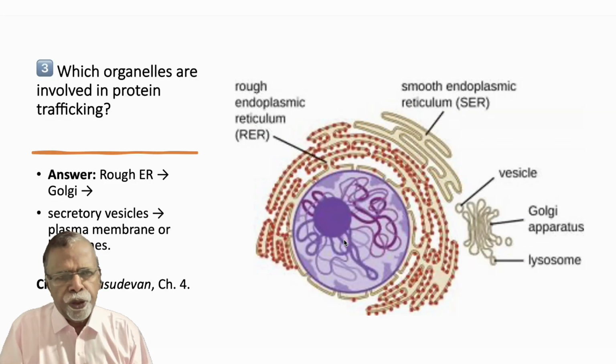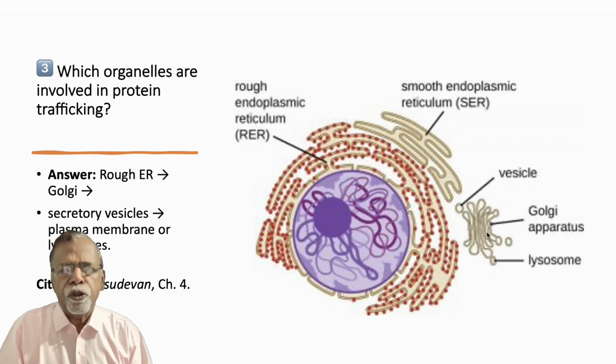So now we go into the synthesis of protein. Which organelles are involved in protein traffic? So remember, this is the rough endoplasmic reticulum surrounding the nucleus, and it is rough because of the ribosomes. So the protein trafficking occurs through the rough endoplasmic reticulum, then goes to the Golgi apparatus.